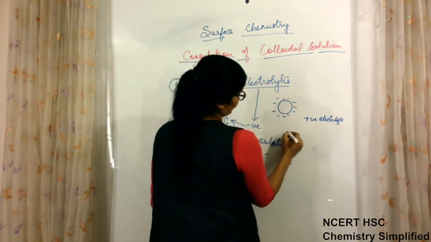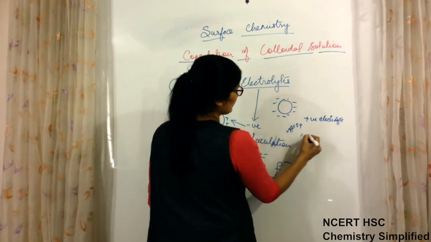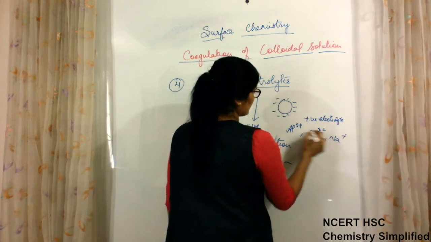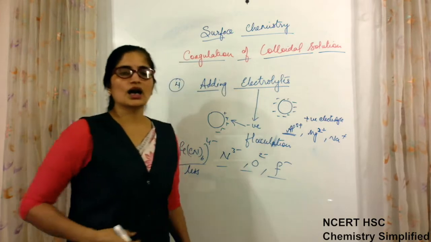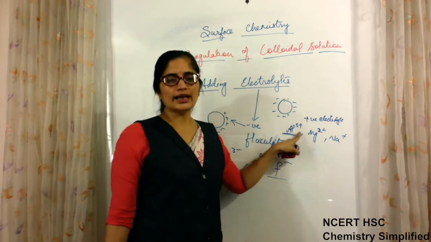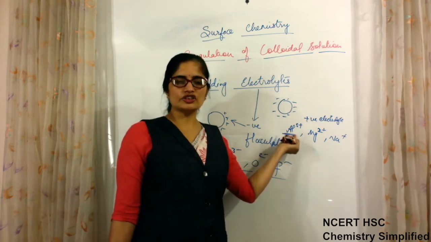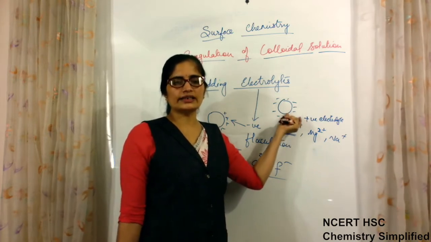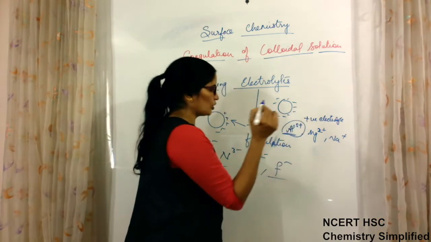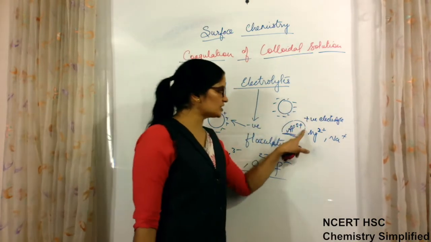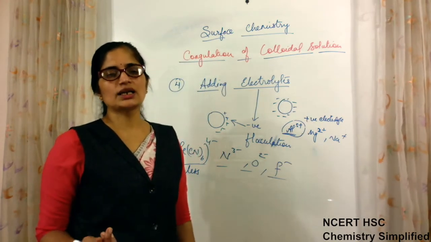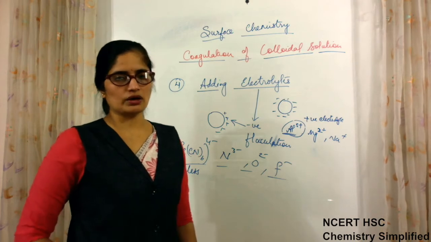If I take Al3 positive, Mg2 positive and Na1 positive, then aluminium will have the highest flocculating power because of its more charge, and less quantity of it is sufficient to cause the coagulation of the negatively charged sol. So the flocculating power or coagulation power depends on the charges which are present on the electrolyte which is used. More charge has more power to cause the coagulation.